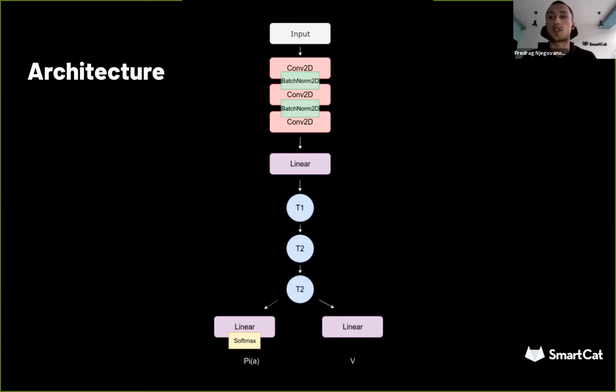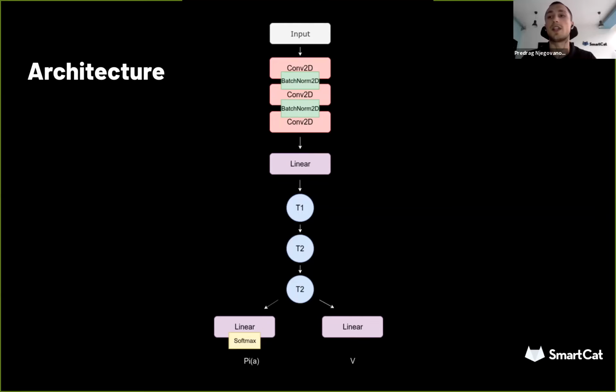Some earlier approaches were stacking frames, but this wasn't enough here. So I opted to go with a recurrent neural network with shared parameters, and at the end we would yield the policy, denoted with pi, and also the value function.